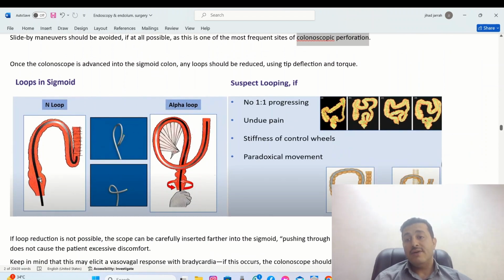You can see here, when you push your scope, the sigmoid is redundant, and this is the N-shaped loop. This is the alpha-shaped loop. When to suspect a loop?